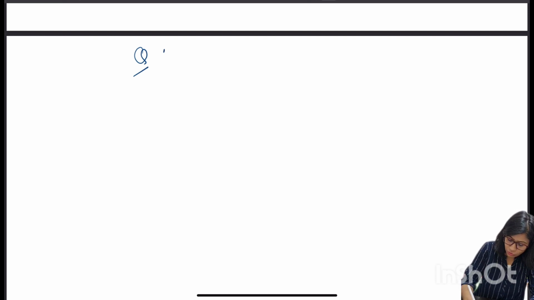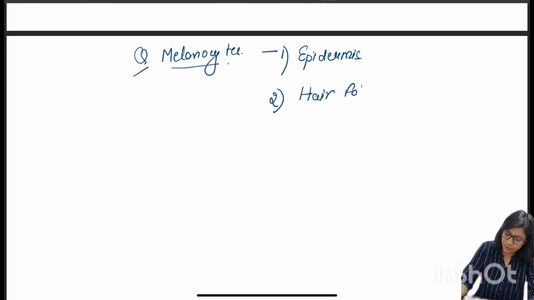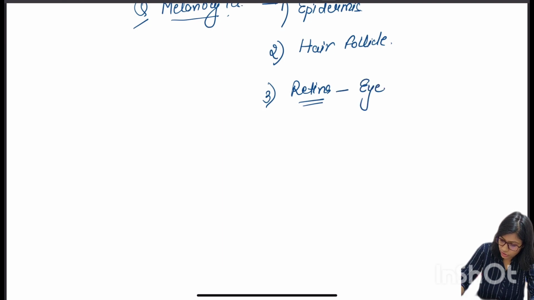So now, where all do we see melanocytes? What are the sites of melanocytes? Melanocytes are present in epidermis, like we have discussed just now. These are also present in hair follicle. That's how our hair are pigmented. Melanocytes are also present in retina, or I should say eye.